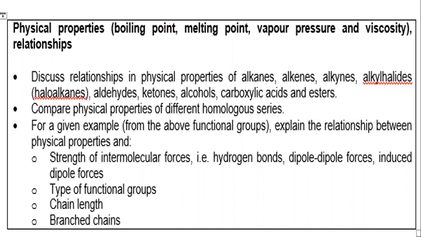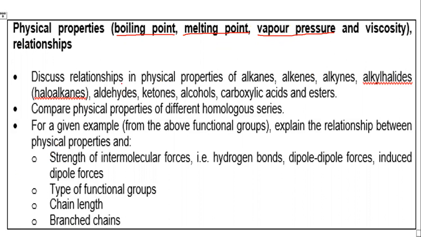And in particular, we will focus on the boiling point, we will focus on the melting point, and we will focus on the vapor pressure and not necessarily the viscosity. So we are going to learn about the boiling point, the melting point, as well as the vapor pressure.